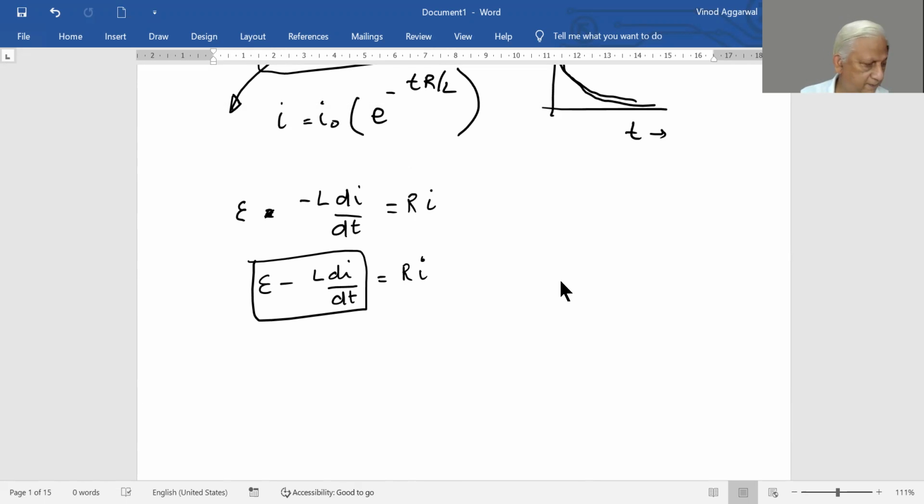Now what we do is, this is also the same as E I dt minus L I dI equals I square R dt, just a mathematical manipulation.